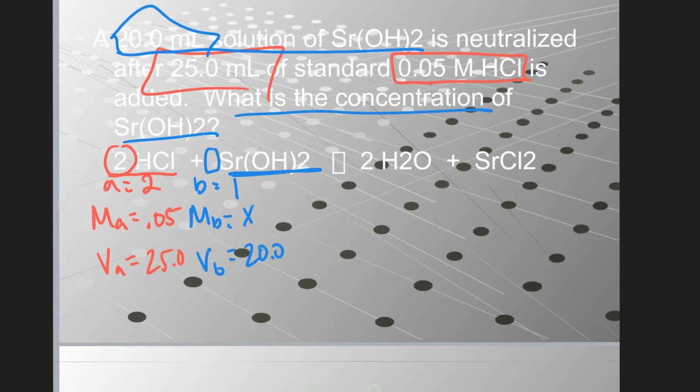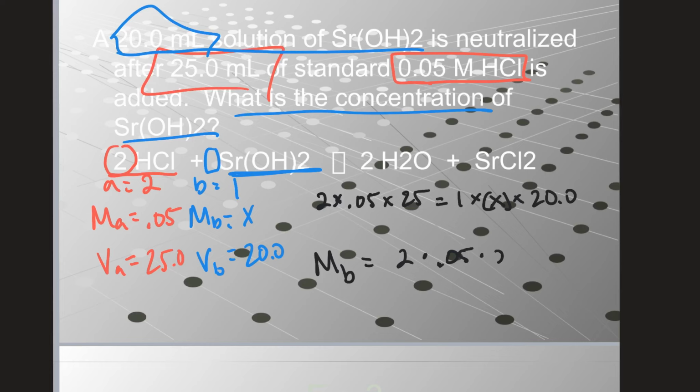When I write this out, it's 2 times 0.05 times 25 equals 1 times X times 20. If you rearrange this equation, MB will be 2 times 0.05 times 25 divided by 20 times 1.